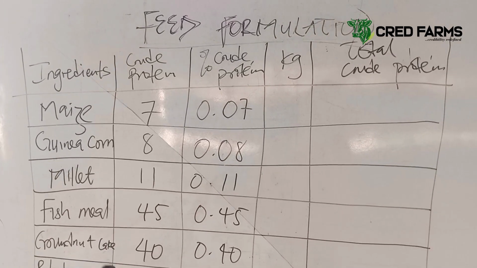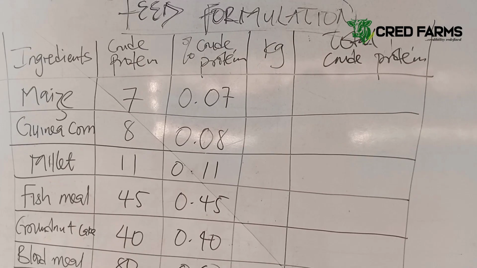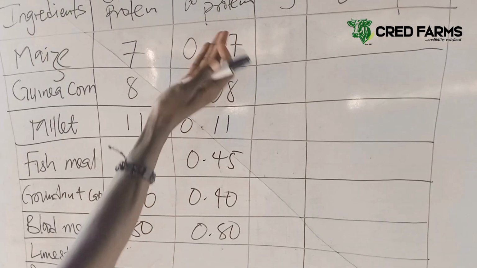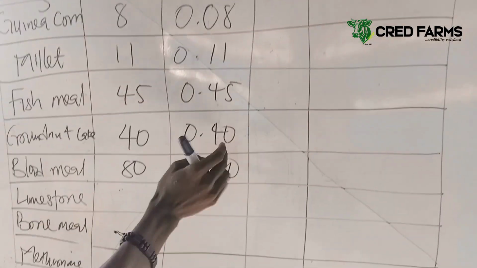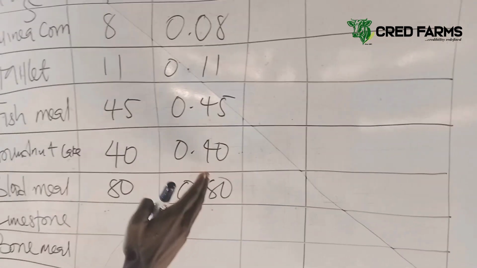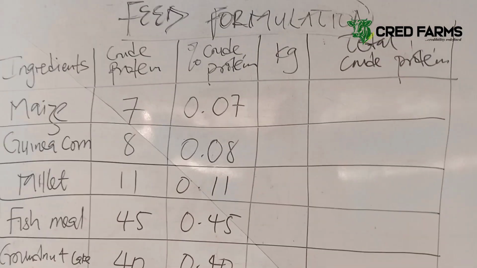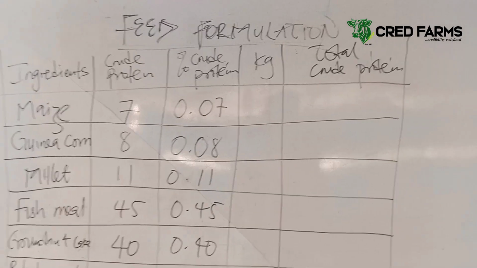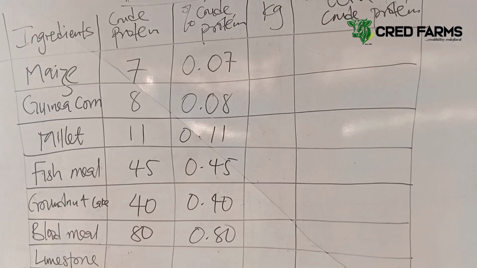The smaller number we have in crude, the more balanced it will be, because the proteins already have higher figures. If you check, this is 0.45, maize is 0.07. So if you are putting a kg that is very high here, the protein will be too much. So we'll put smaller kgs here for the proteins and higher kgs for the carbohydrates.